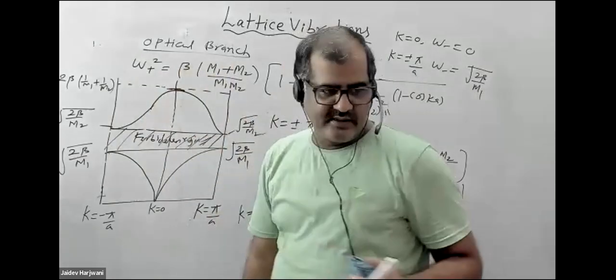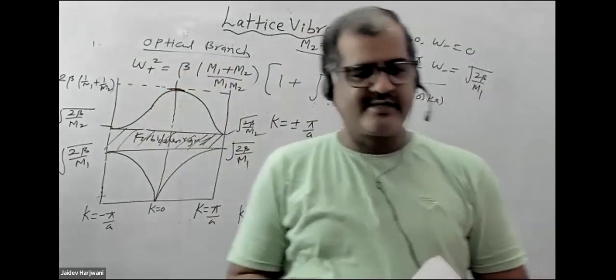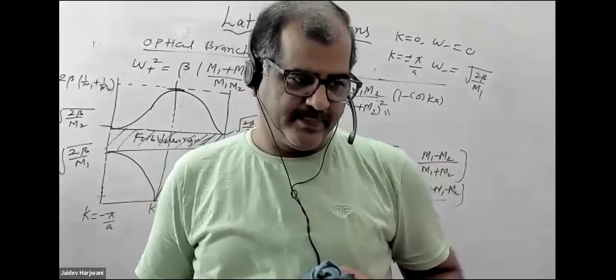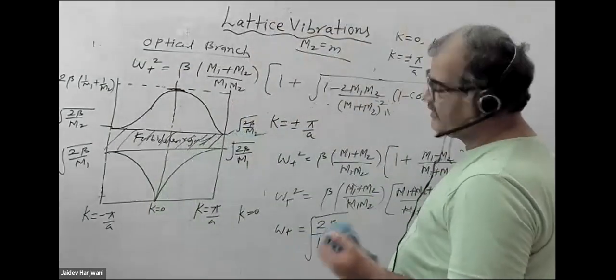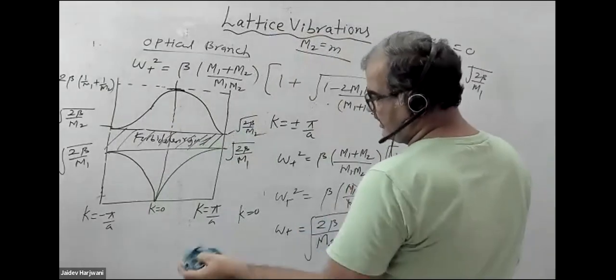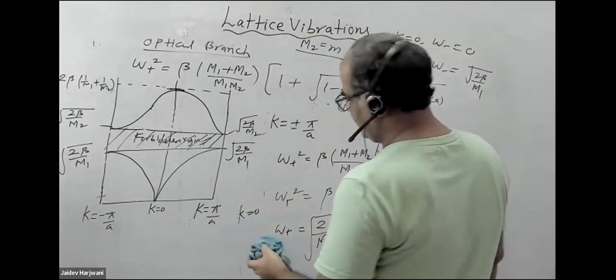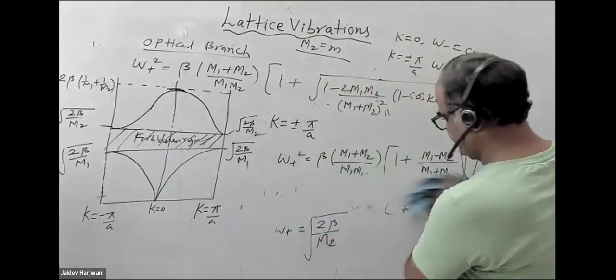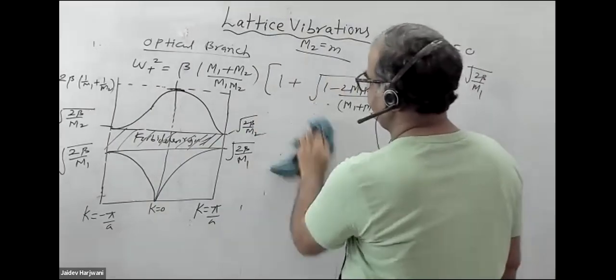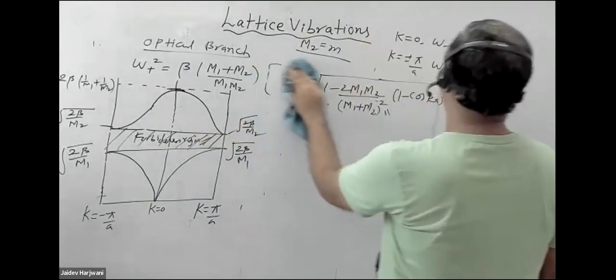So just now we have calculated at points. If you want, we can calculate in nearby regions also. So let us calculate for the k tends to 0 limit, not exactly k equal to 0.